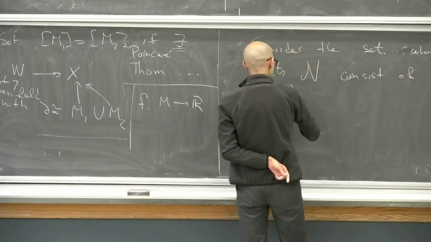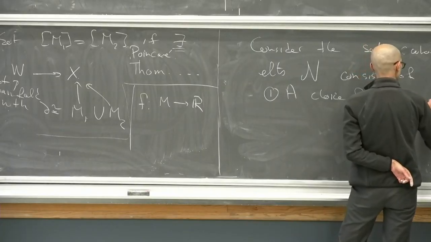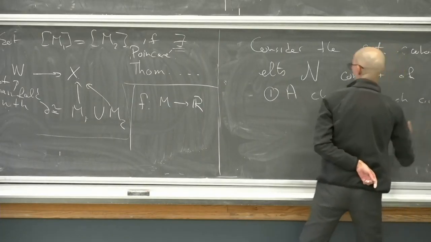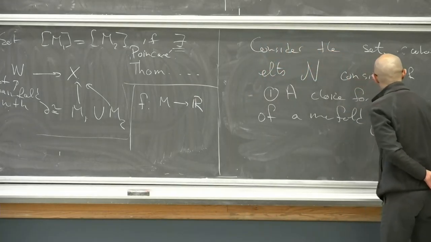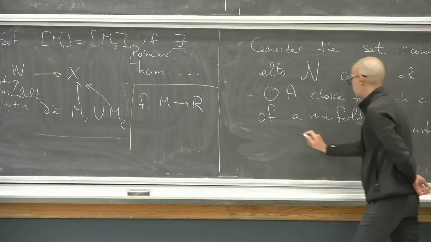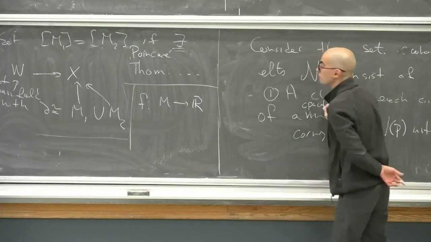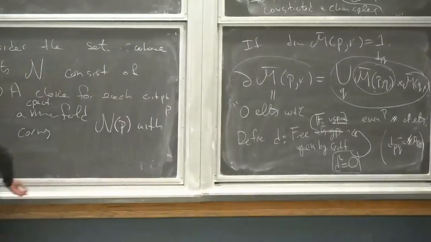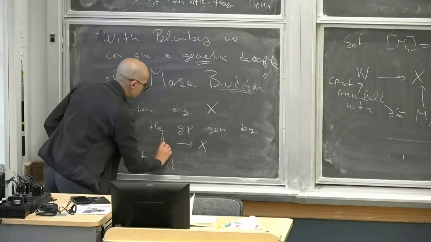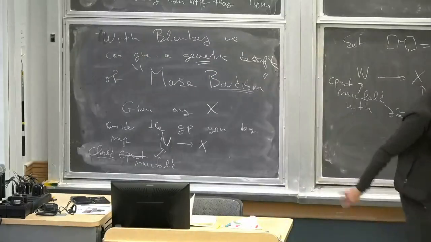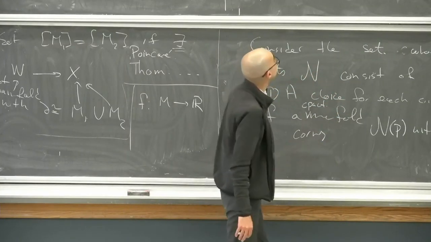One, a choice for each critical point of a manifold N of P with corners. Let's make it compact. So it should look very much like, I'm going to look at a closed manifold, but here, for every critical point, I'm going to do something which is now a manifold with corners.